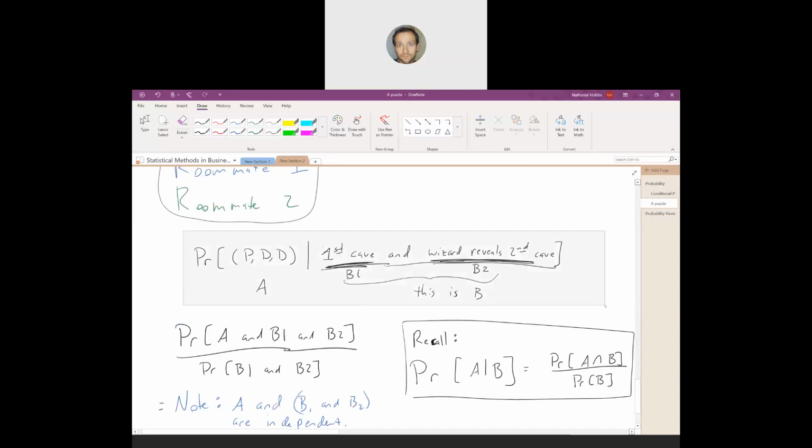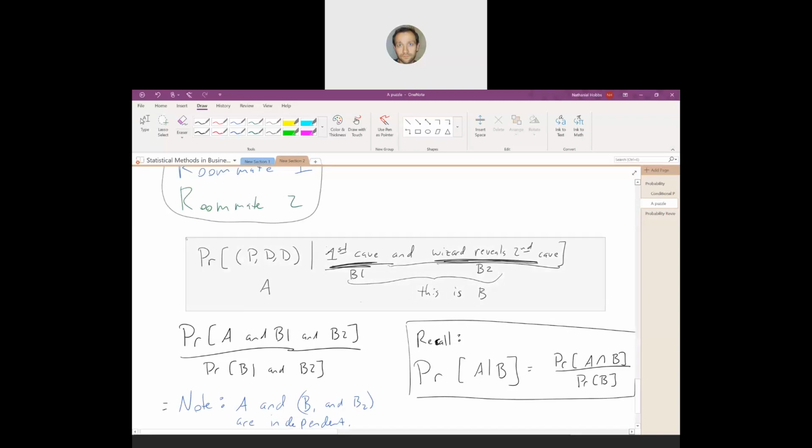Now this is the probability that the knight chose correctly. The princess is in the first cave. The knight chooses the first cave. And he doesn't change his mind.